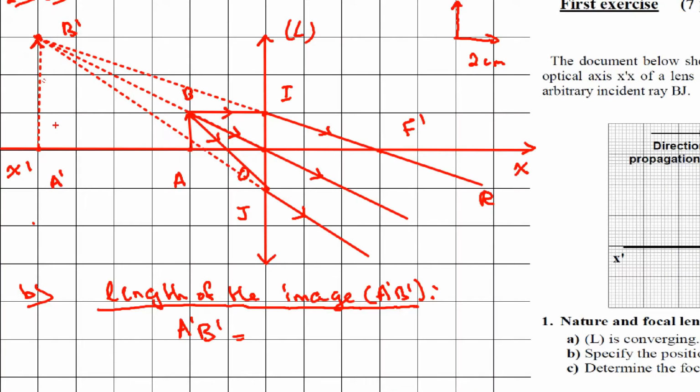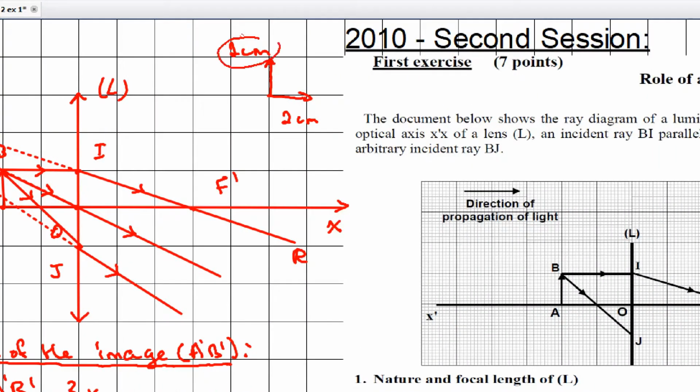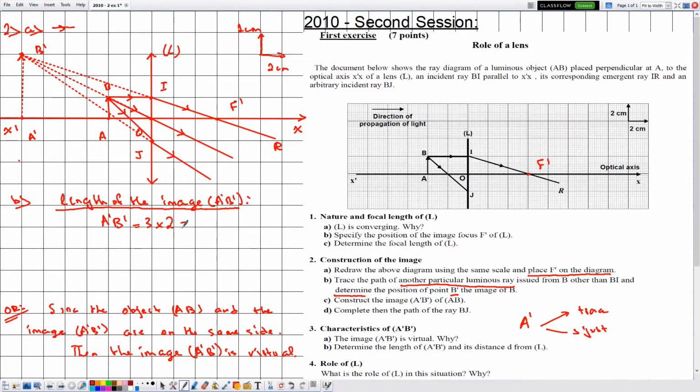Now A prime B prime consists of 3 divisions, and we multiply by the scale along which we have counted the number of divisions, which is the scale along the y-axis. This will give us 6. Since the scale is in centimeters, then the value of A prime B prime will be in centimeters. So A prime B prime is equal to 6 centimeters.